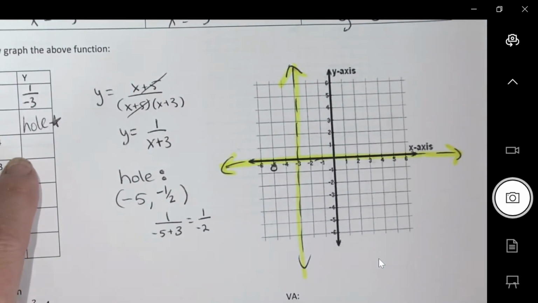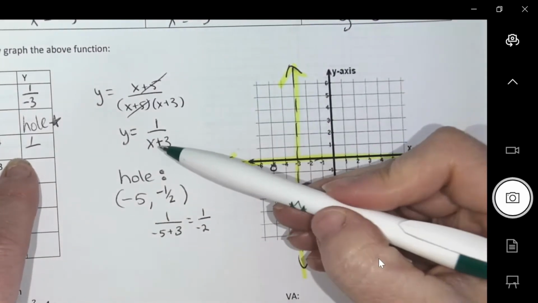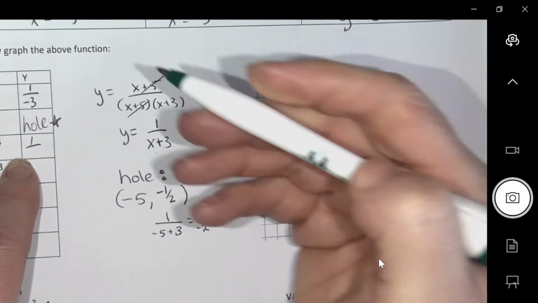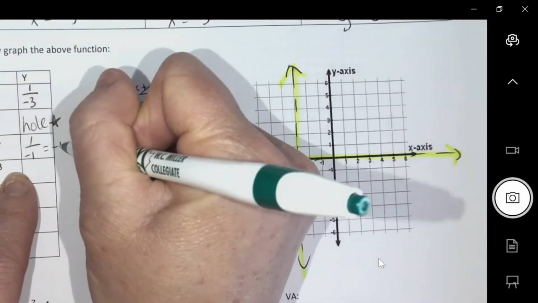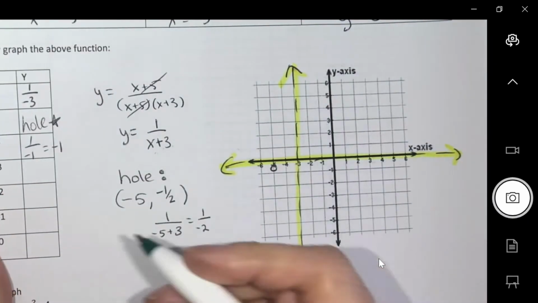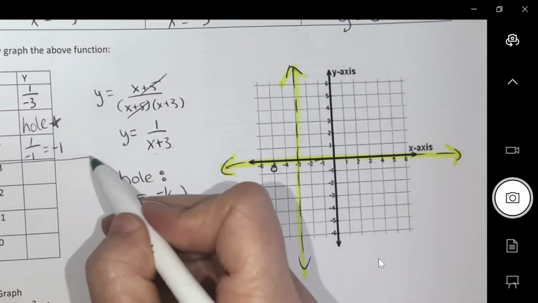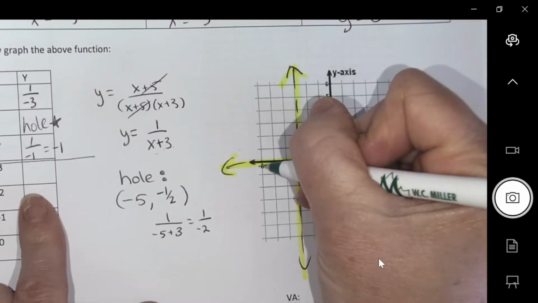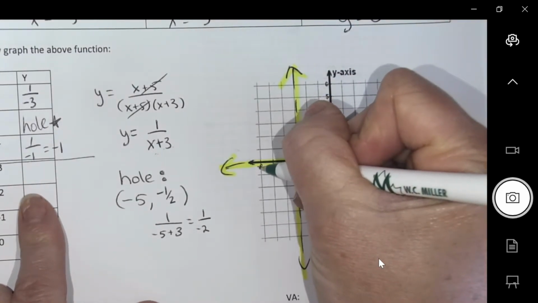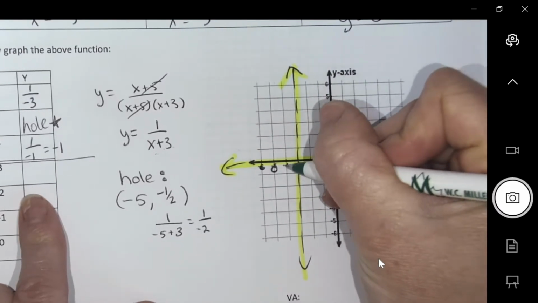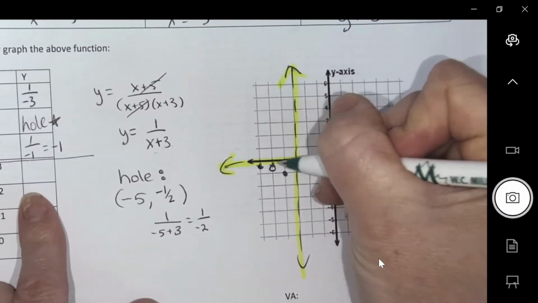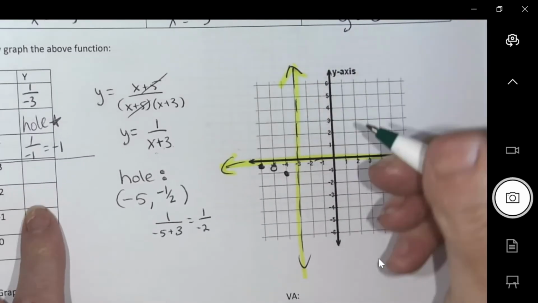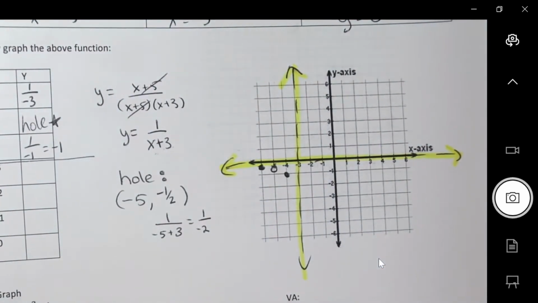Negative 4. 1 over negative 4 plus 3. Okay, so negative 6, comma, negative a third. Negative 4, comma, negative 1. Okay, so I have those 3 points.